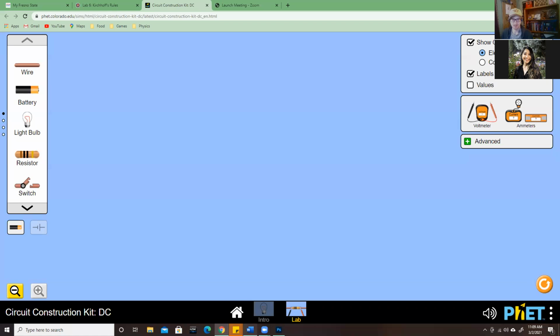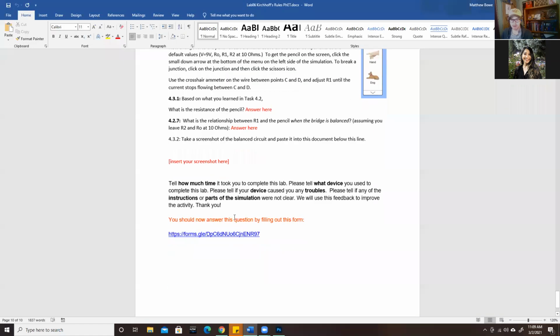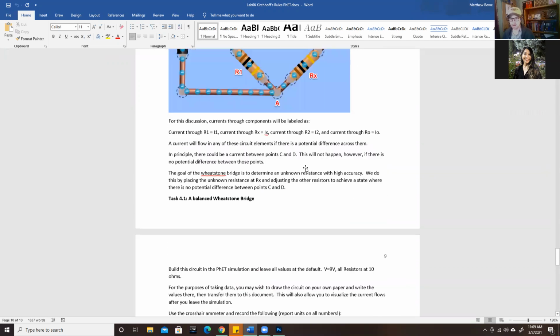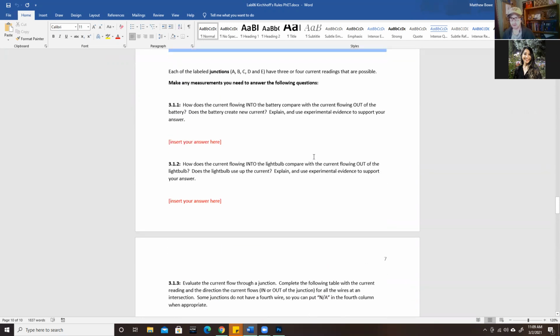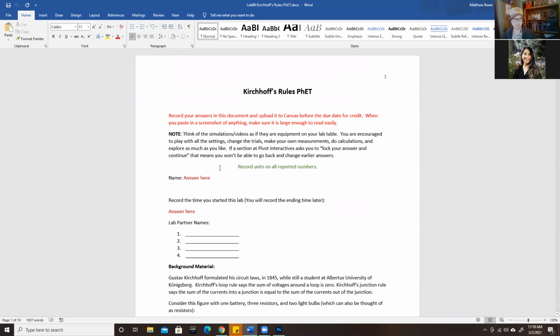So ultimately, let's go back. Ultimately, think of last week as the warm up. This week is more driving in the point of Kirchhoff's rules. And it's always step by step.